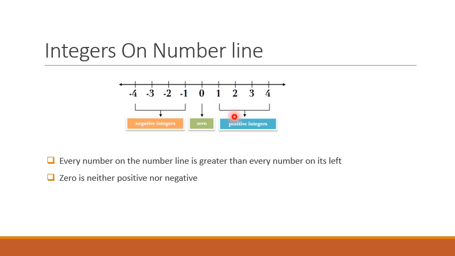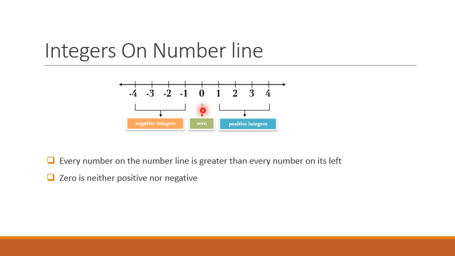The positive integers are always towards the right and the negative integers are towards the left of 0. Now remember one thing, 0 is neither positive nor negative. It is neutral. It doesn't have any sign. It doesn't have a plus or minus sign.